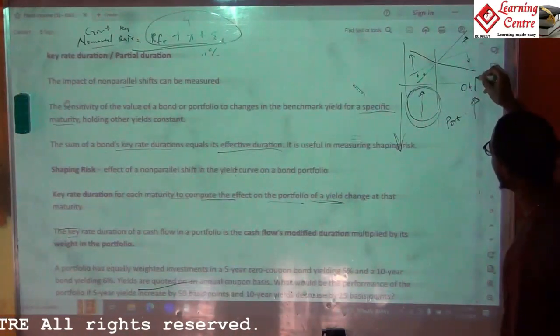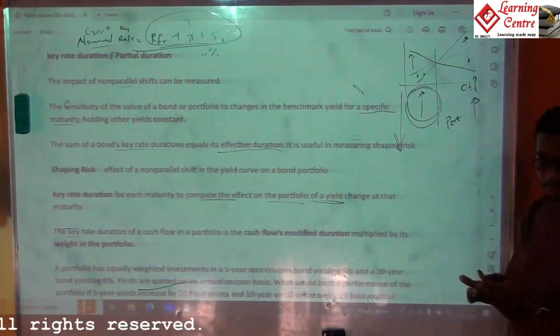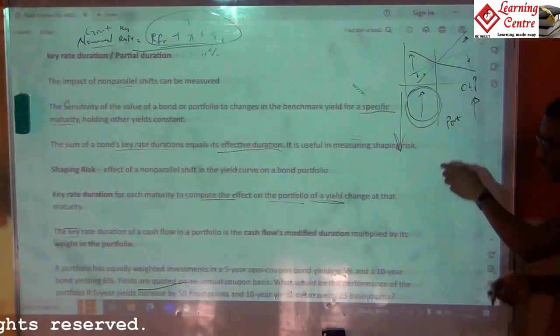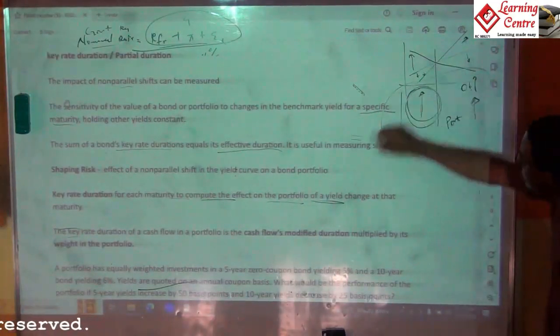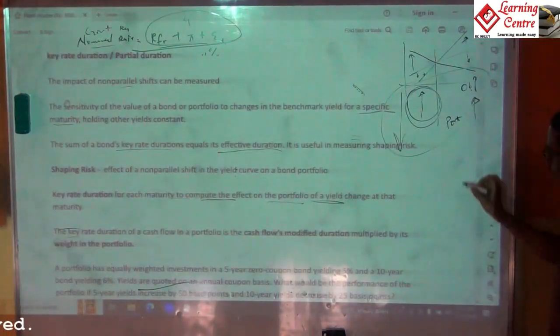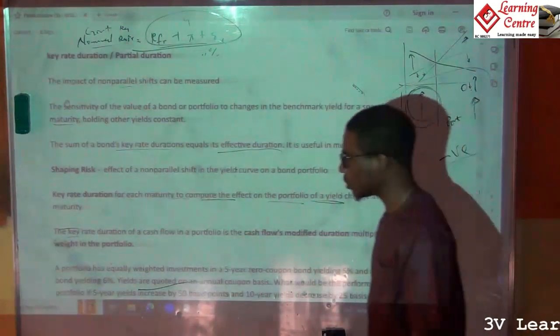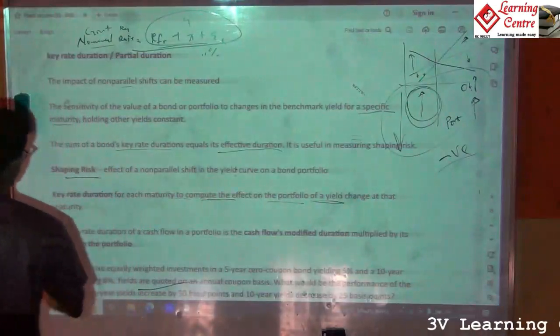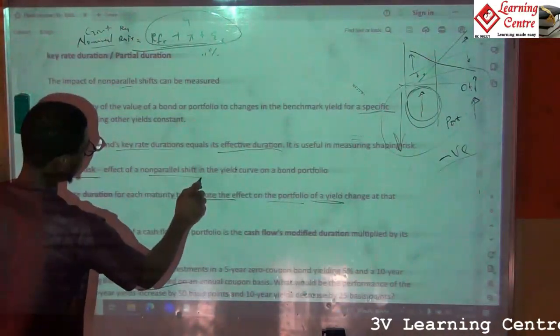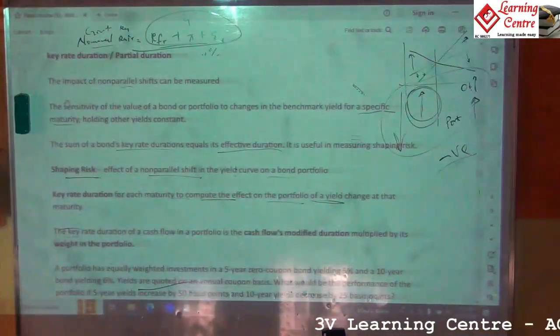And this one will see a price increase, but the weight of this one is small. Combined effect, it's going to be negative, and the bond portfolio will lose. So that's our shaping effect of a non-parallel shift on the bond portfolio.